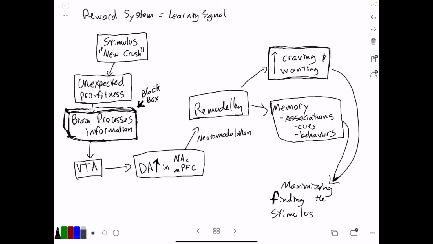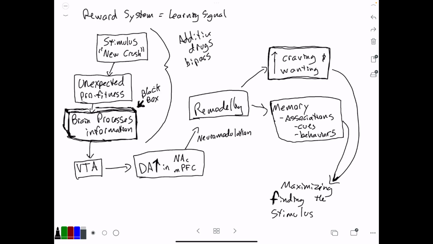And one of the, as we'll see soon, one of the dangerous things about addictive drugs, drugs that have a high risk of addiction, is that they bypass all of this part right here. Addictive drugs bypass this part right here.